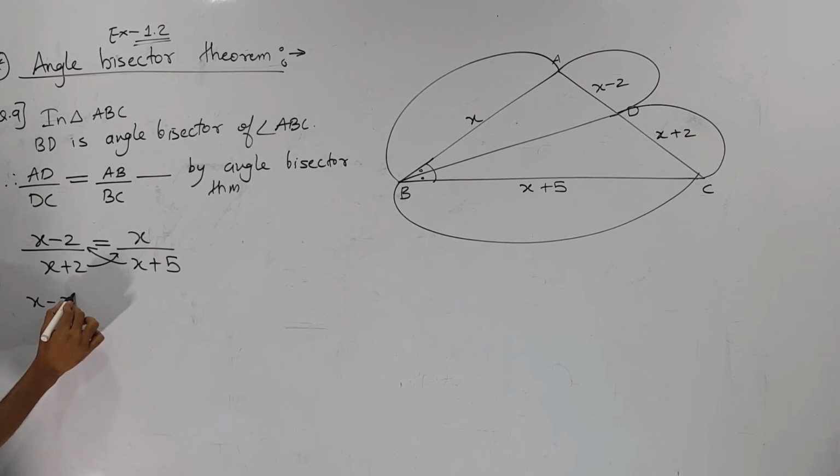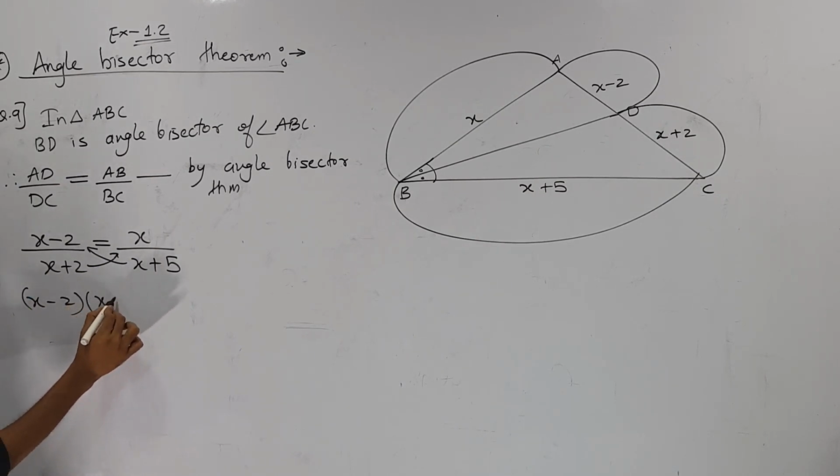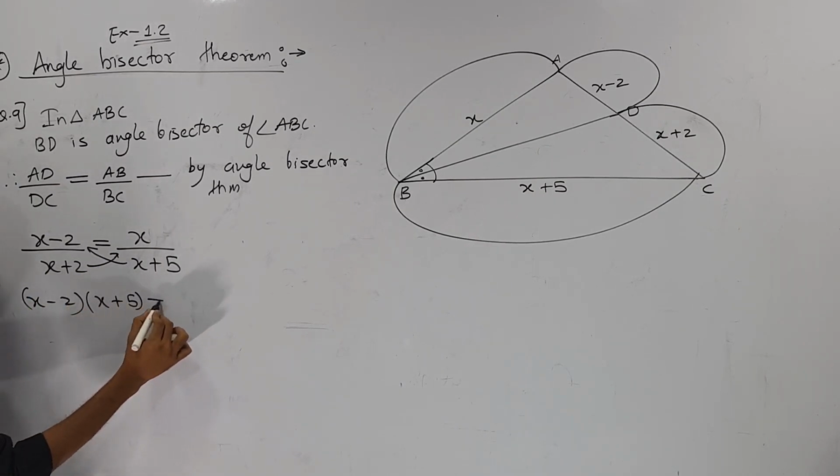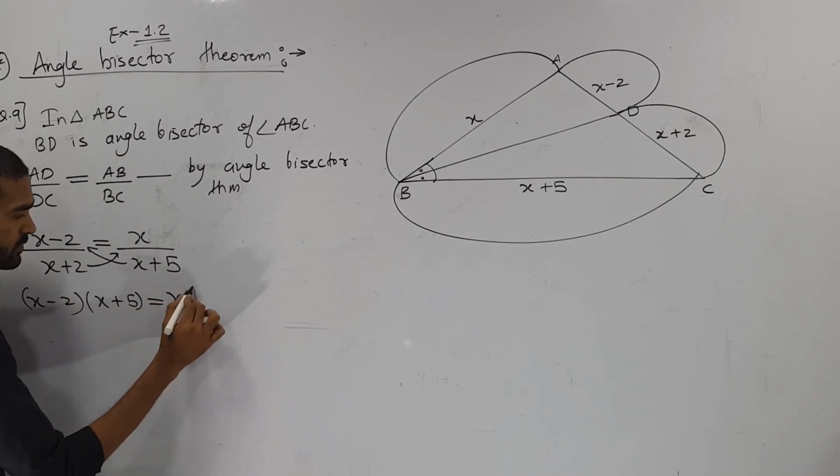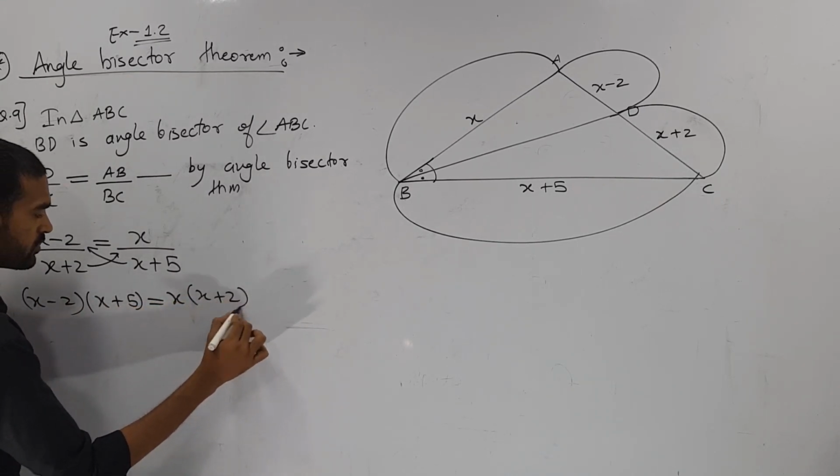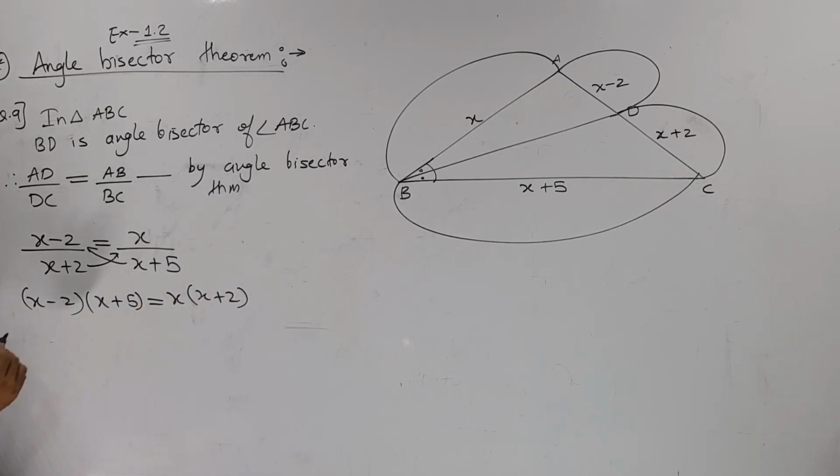Now this will come here and they will go that side. So x minus 2 and x plus 5 is equal to x into x plus 2. Let us open the bracket. This x will go and multiply. x into x, x square, plus 5 into x, 5x.